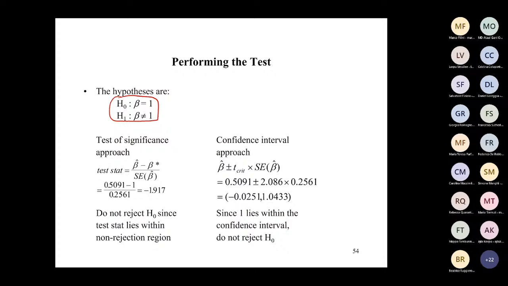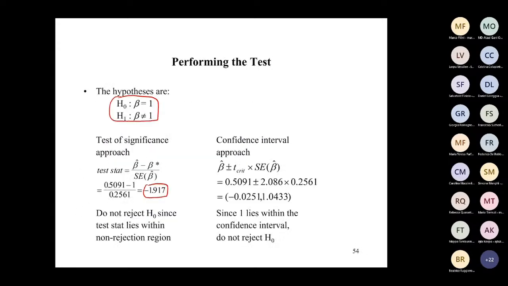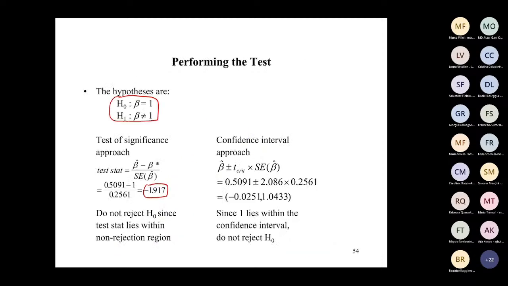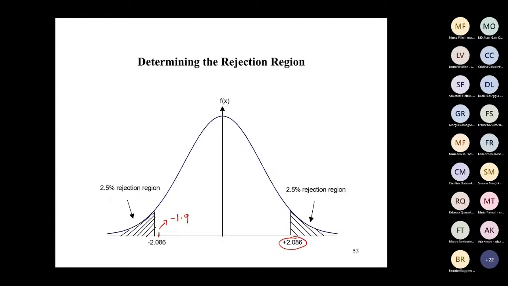For beta equals 1, I get a t-statistic of minus 1.917.